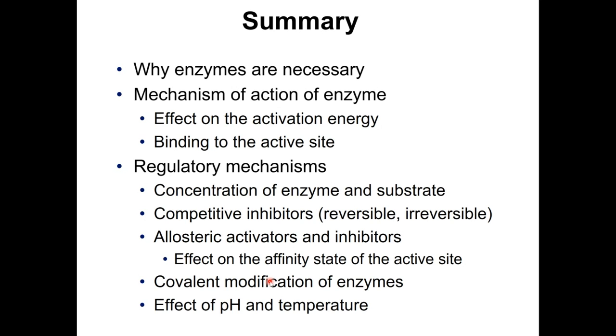By doing that, they can inhibit or activate enzymes. And finally, we talked about how some enzymes can be modified covalently by attaching some groups, such as the phosphate group, and the effect of pH and temperature on the activity of the enzymes as well.